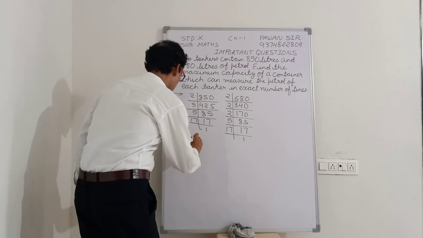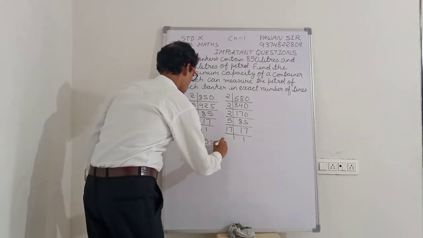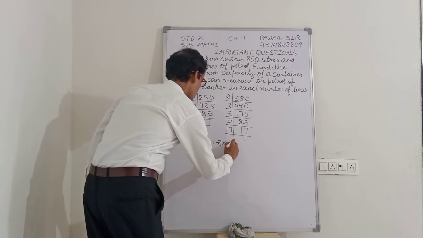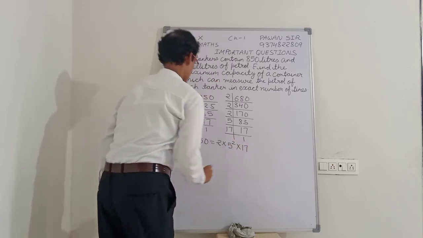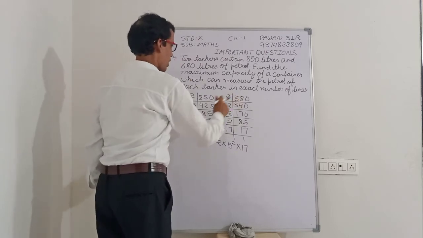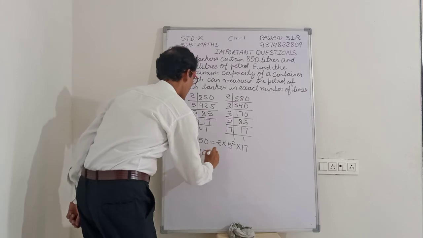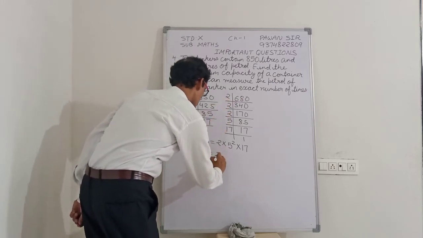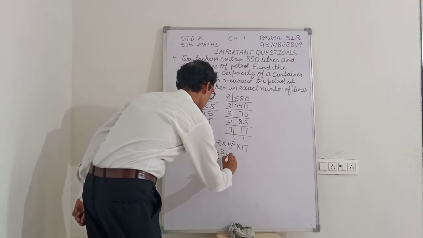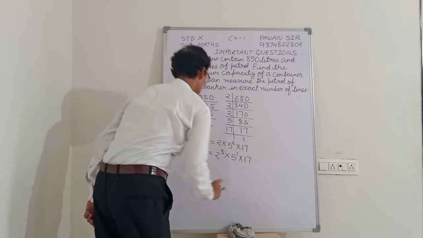So 850 can be written as 2 into 5 square into 17. Okay. Now 680. 680 can be written as 2 power 3 because 2 is 3 times, 2 power 3, 5 power 1 and 17. Okay.